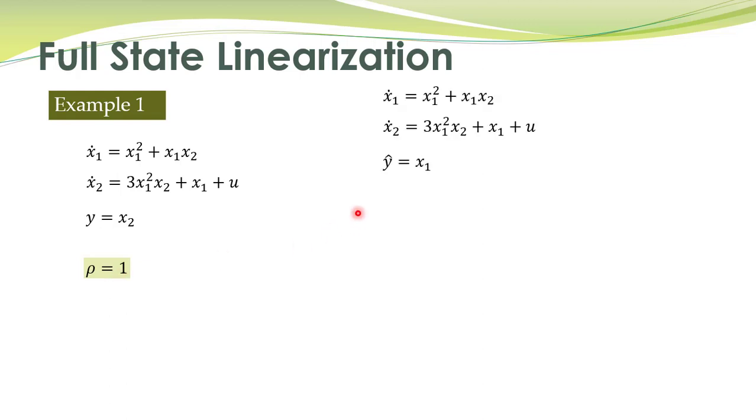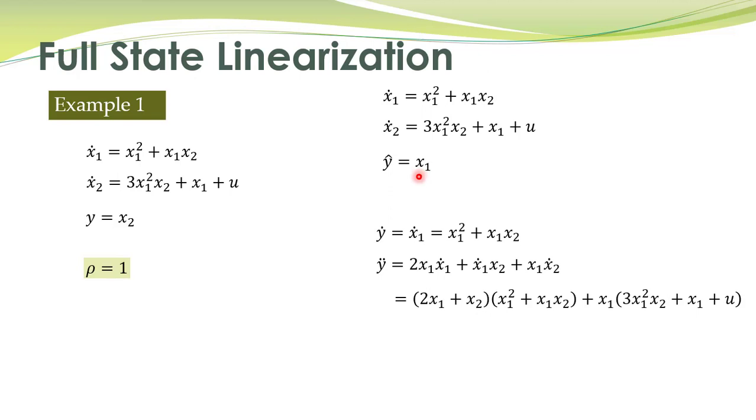However, for the same system, we can define some other output, a dummy output, which is not the actual output of the system. And for this particular output, what we see is that the relative degree is equal to 2. In the equation of y dot, the control input is not appearing, and in the equation for y double dot, the control input u is appearing, and the relative degree is equal to 2.